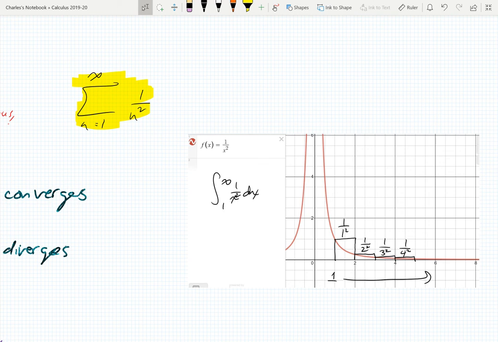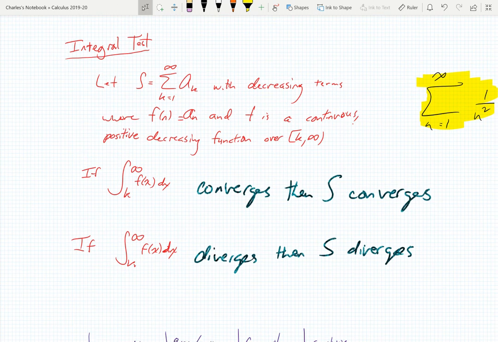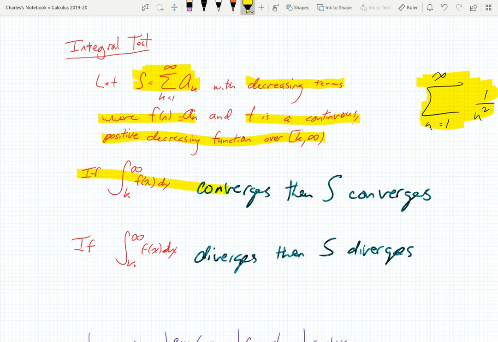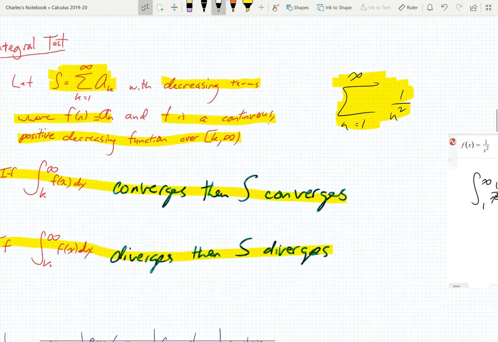But the integral test says that if you have a series, the sum of a_n from n equals k, with decreasing terms, where f of n is equal to a_n and f is a continuous positive decreasing function over the interval from k to infinity, if the integral converges, then the series also converges. And if the integral diverges, then the series also diverges.